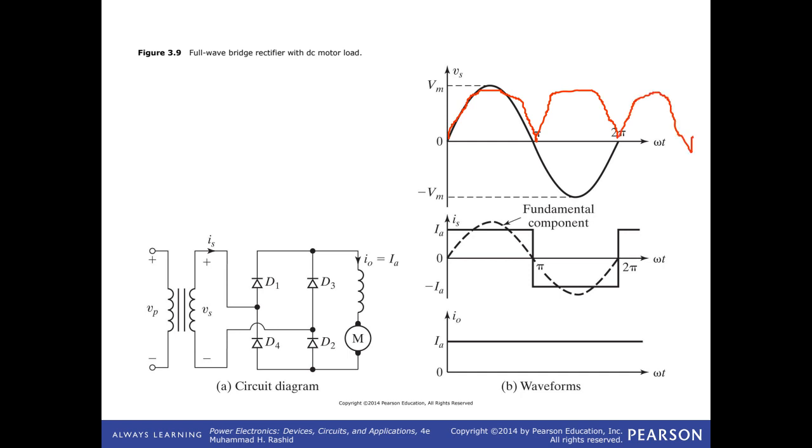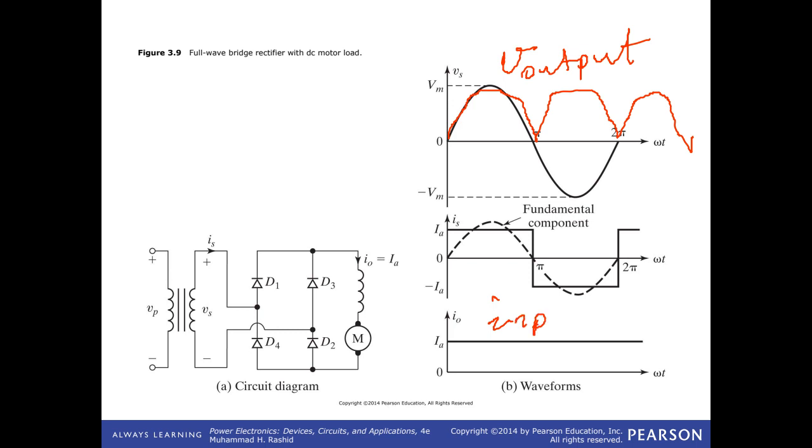This is V output. But we are not interested in output, since we are interested in input. And if that one is flat, the input current is flat. That one is input current.